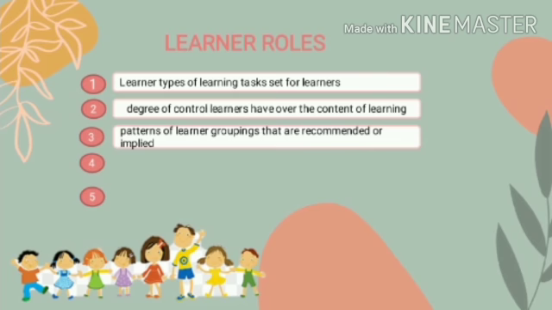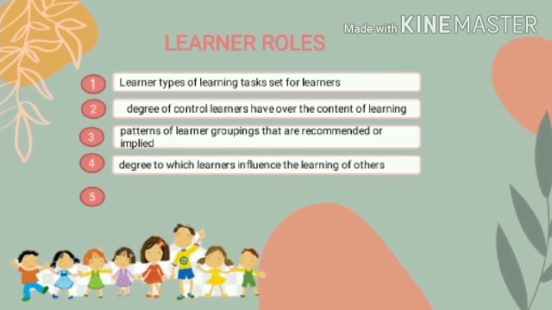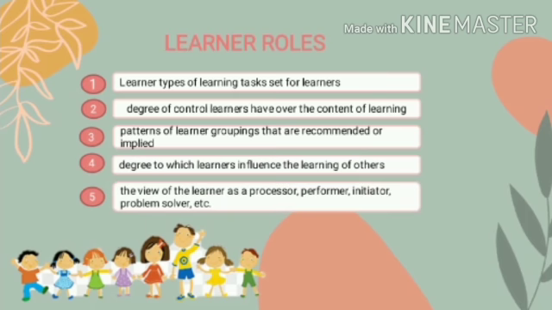The learners are members of a group and learn by interacting with others. And then the fourth is the degree to which learners influence the learning of others. The learner tutors other learners. And then the view of the learner as a processor, performer, initiator, and problem solver.